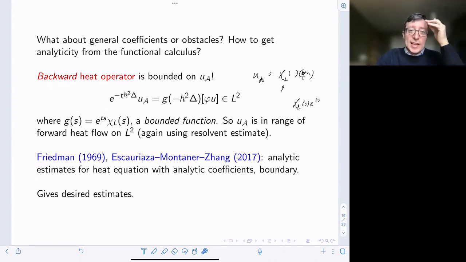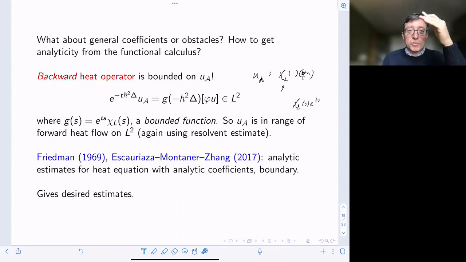Now what happens if I take an L2 function and I evolve it according to the heat equation, maybe for some complicated elliptic operator? Well, if the coefficients are analytic, it's known that it instantly becomes analytic. And in fact, there are known estimates on how that analyticity behaves, how the Cauchy estimates behave as the evolution time goes down to 0. It, of course, goes back to being merely L2 as time goes to 0.